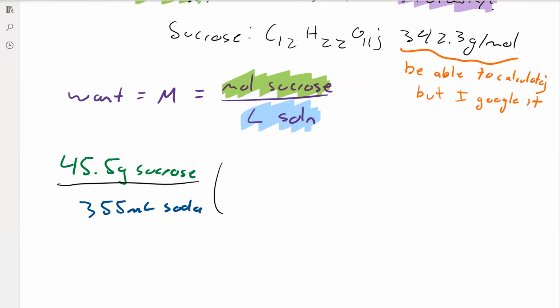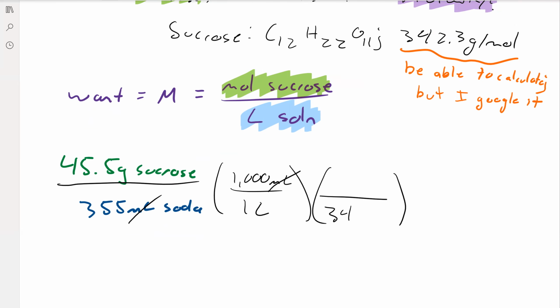And then after that, you just start converting. So 1,000 mL into 1 liter, because we need to convert the mLs into liters. And then we need to convert the grams into moles. So we're going to take the molar mass, divide by it. Then the grams and the grams cancel out. And then there's our final answer, 0.374 moles of sucrose over liters of solution, which is equal to molar, right?